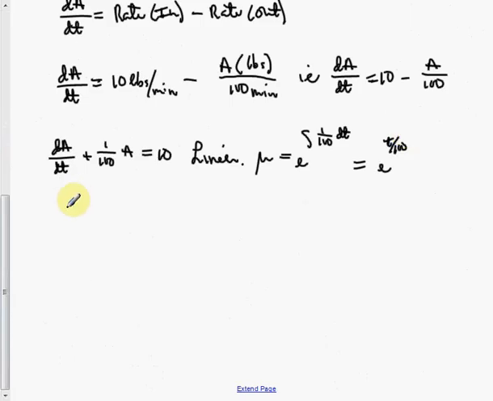The left side, we said, is automatically the derivative of the product with respect to time of the integrating factor e to the t over 100 times the dependent variable A, that's equal to the right side times the integrating factor, 10 times e to the t over 100.